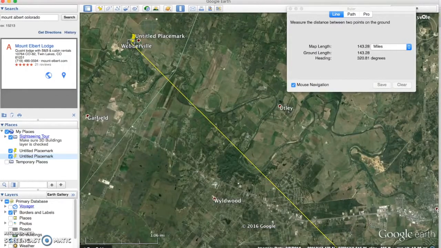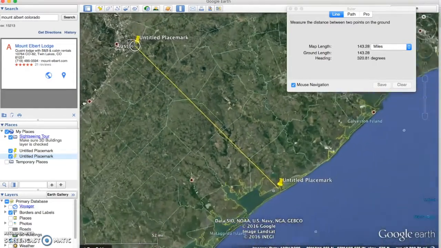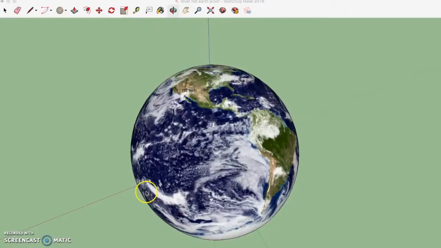We've got about 143 miles. So that is a straight shot line right there. We know that the river is going to twist and turn. Its course is going to be much longer, but we have 143 direct miles from where I'm at to the coast. And I sit at 400 feet above sea level.